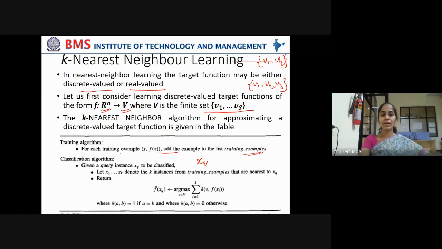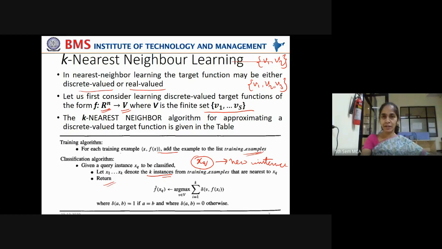Now, let x1, x2 and so on up to xk denote the k instances from training examples that are nearest to xq. So we take k training examples in the data set which are nearest to this new instance xq. Let us take them.